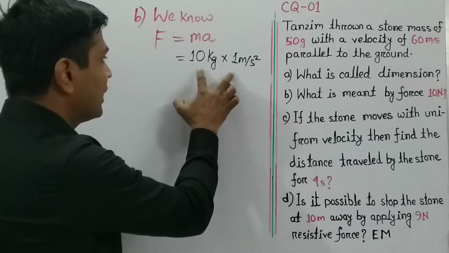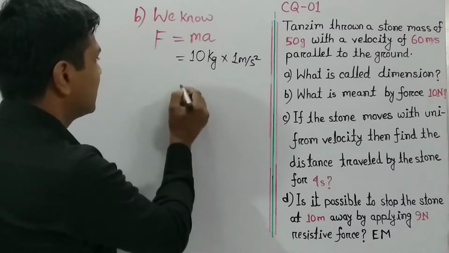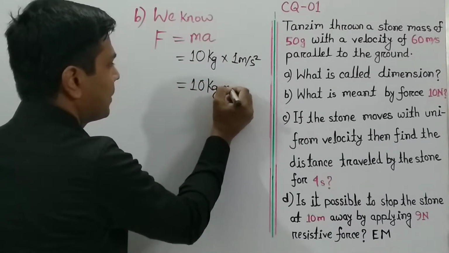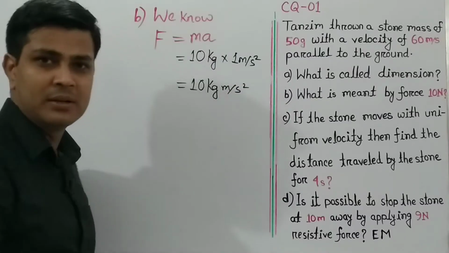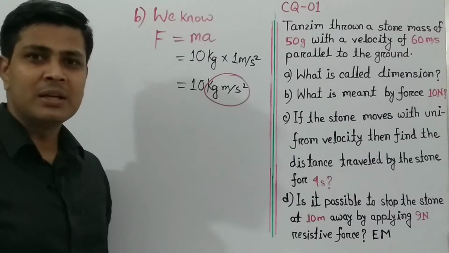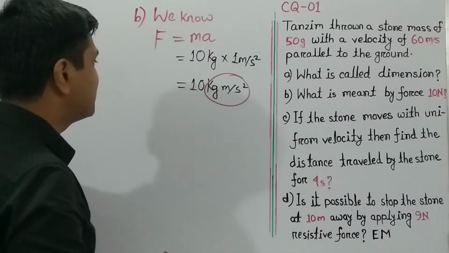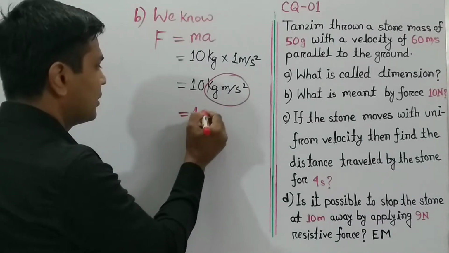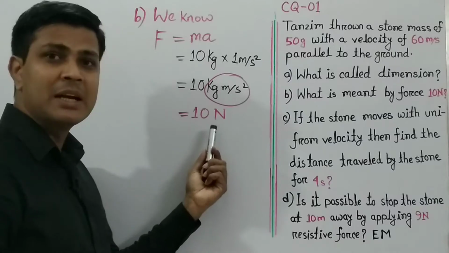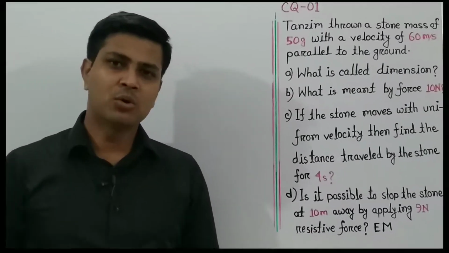So if we calculate that expression, then we will get 10 kg meter per second square. Here kg meter per second square is also known as Newton. That is why we can write here 10 Newton. This is the mathematical explanation of question number B. Hope you have understood.